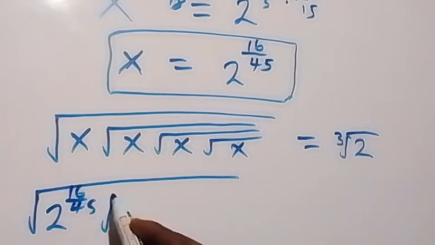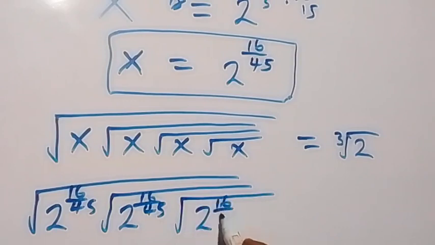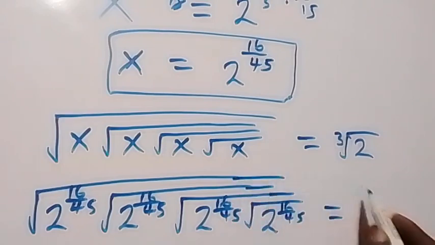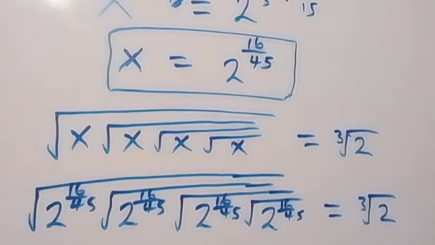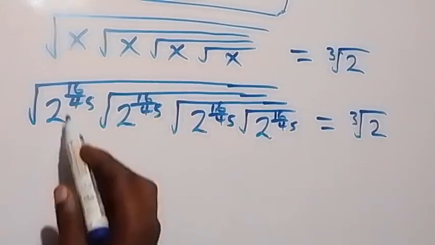Then square root of also 2 raised to power 16 over 45, repeated for the four roots, is equals to cube root of 2.